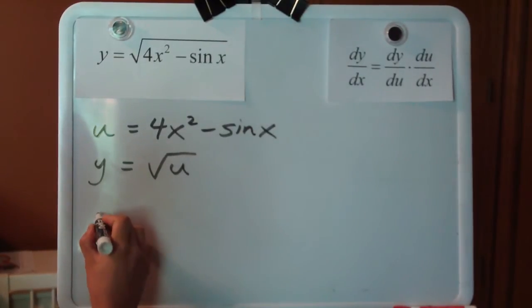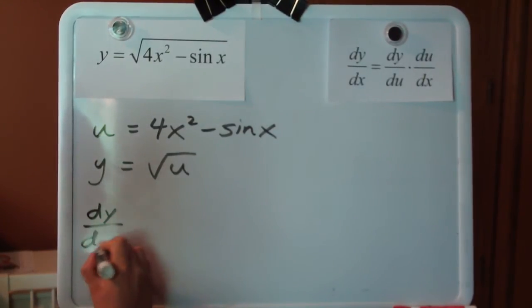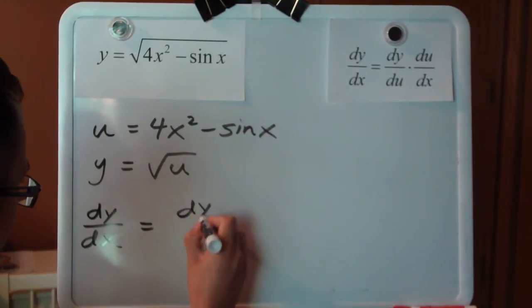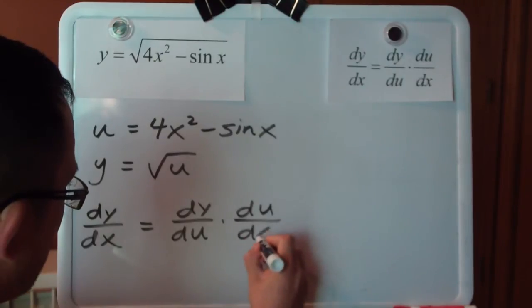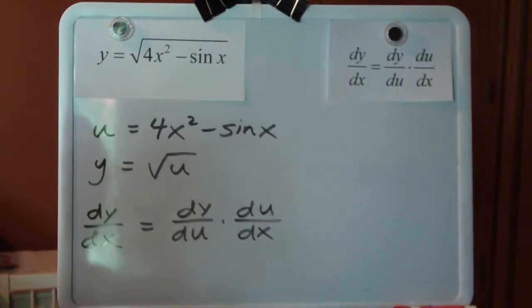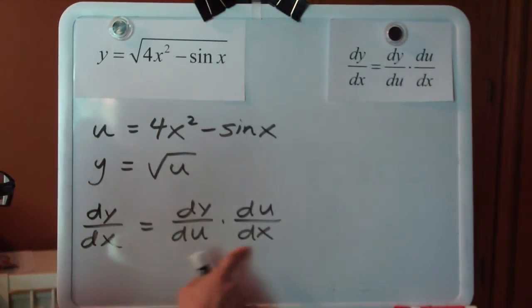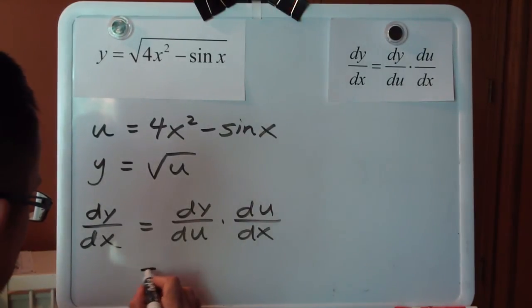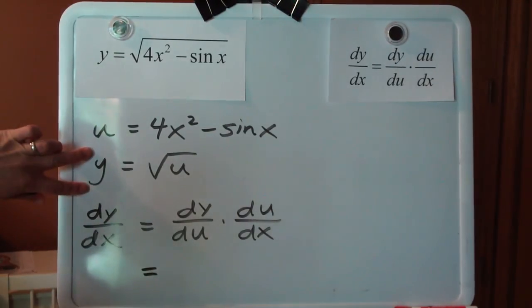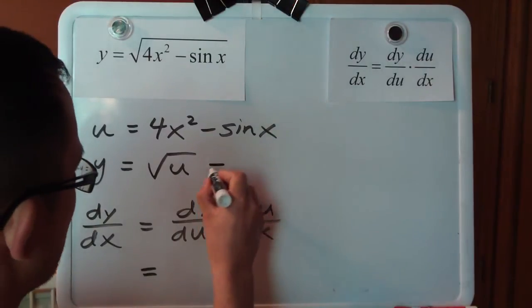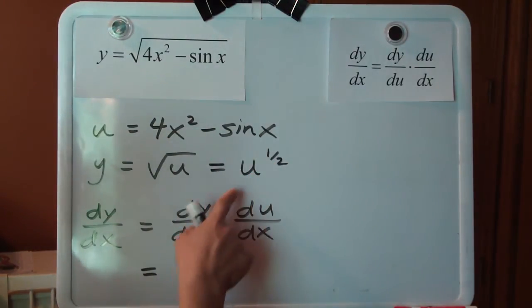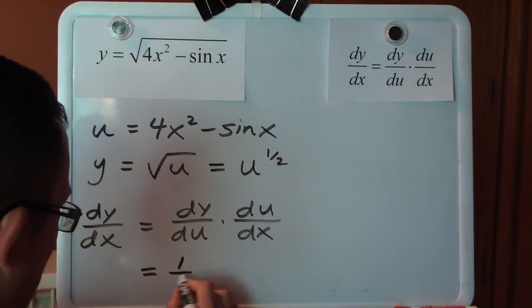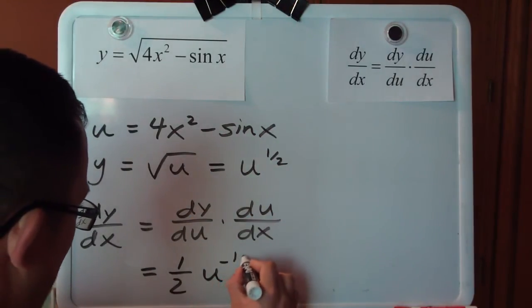Okay, and then we go right into the chain rule. So we have two derivatives that we want to find, dy du, and then also du dx. So dy du is this one here. So you might want to think of this as u to the power of 1/2, right? And so when you differentiate this, we have 1/2 u to the negative 1/2.